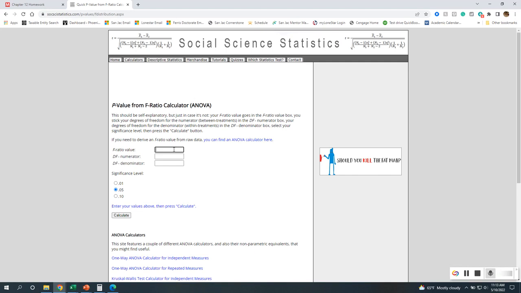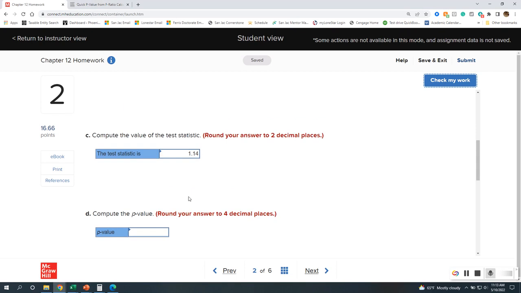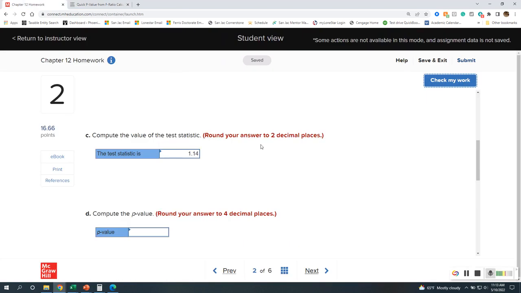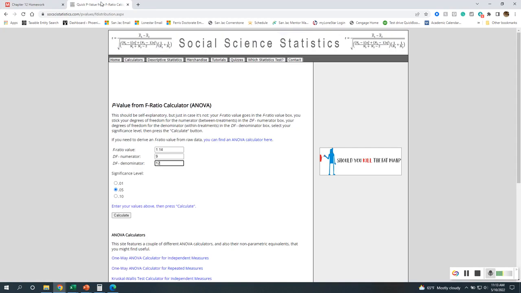So our ratio value is 1.14. The degrees of freedom numerator, this will be 9, and this will be 12. Again, they're looking at the degrees of freedom, not the actual sample size in this calculator.